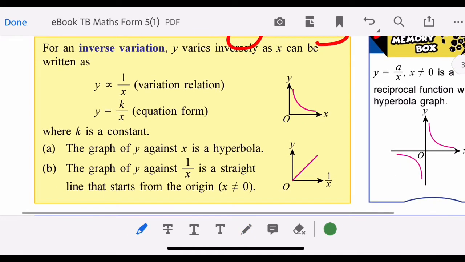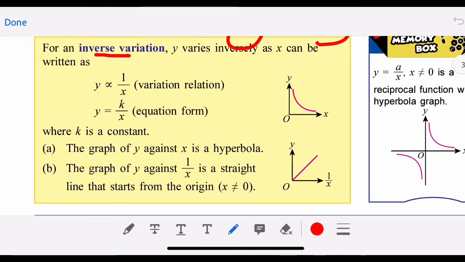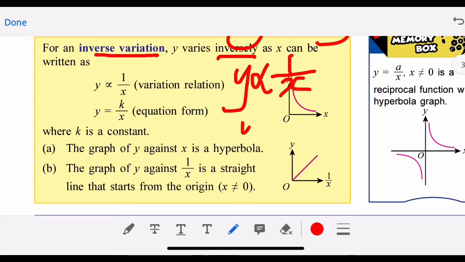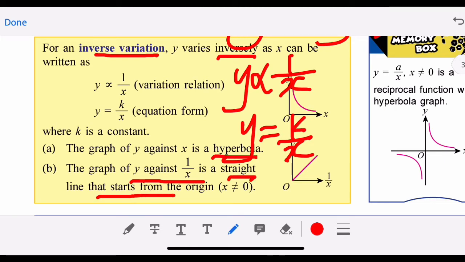For an inverse variation, this is very important. y varies inversely as x can be written as y proportional to 1 over x, and then y equals k over x. The graph of y against x is a hyperbola. And the graph of y against 1 over x is a straight line, and the line starts from the origin.